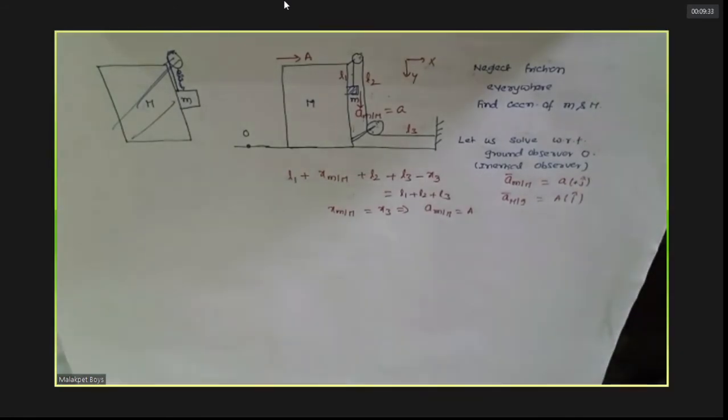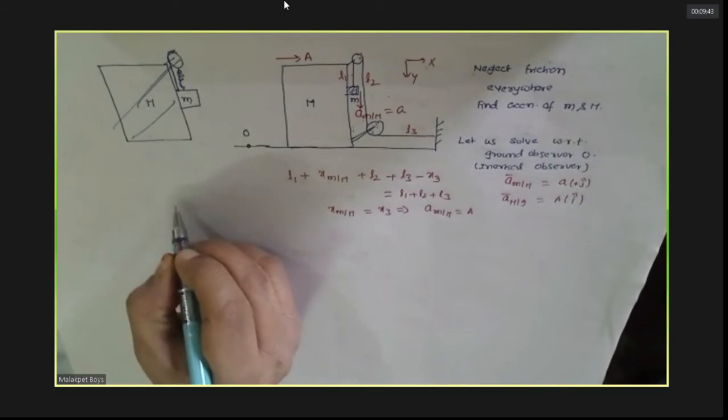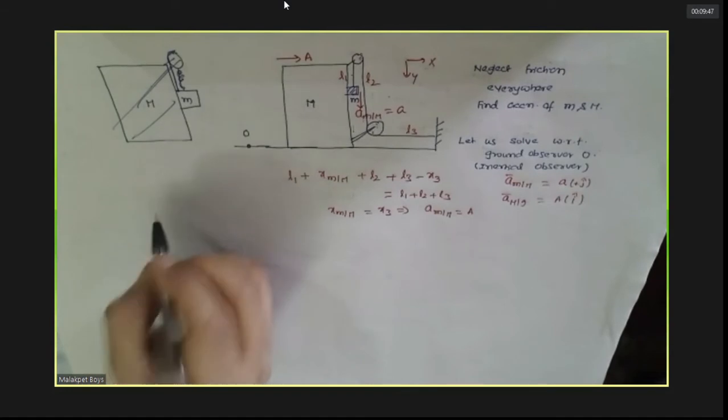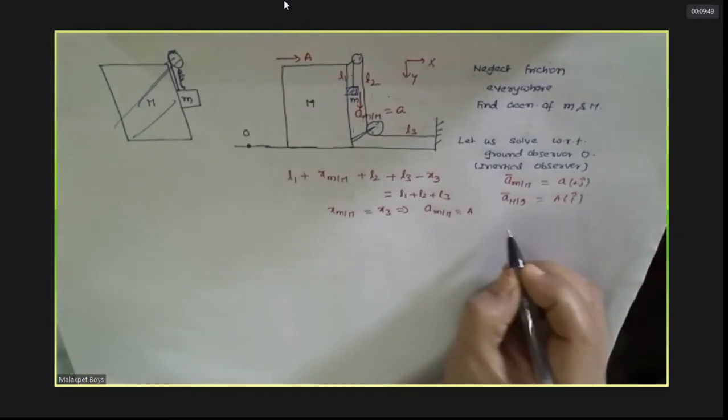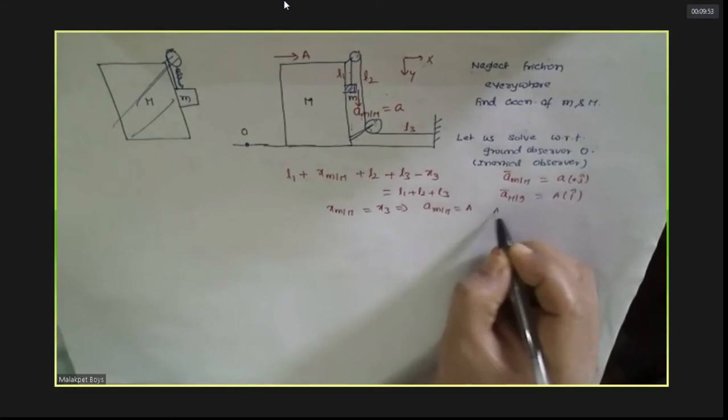Okay. Understood this? Now after that, we try to draw the free body diagrams of this. Because we are trying to draw the free body diagram of this, first of all let us see. I'll just bring it, because we are solving with respect to ground.